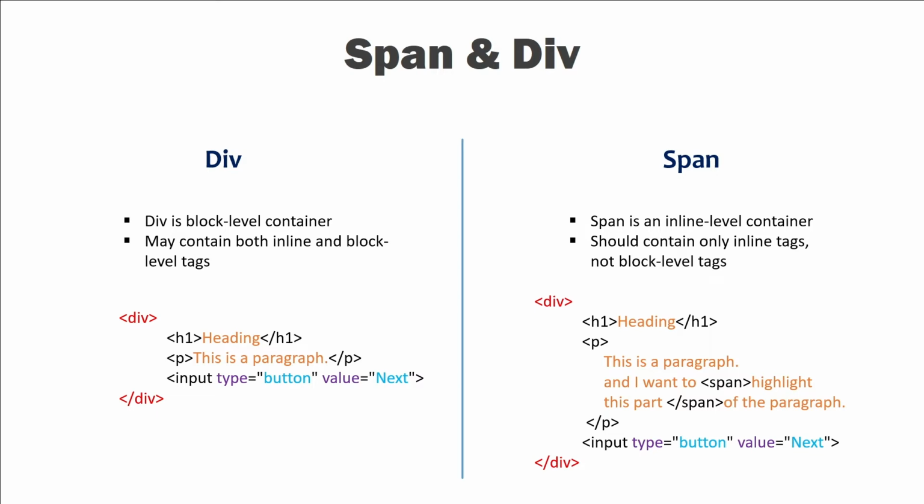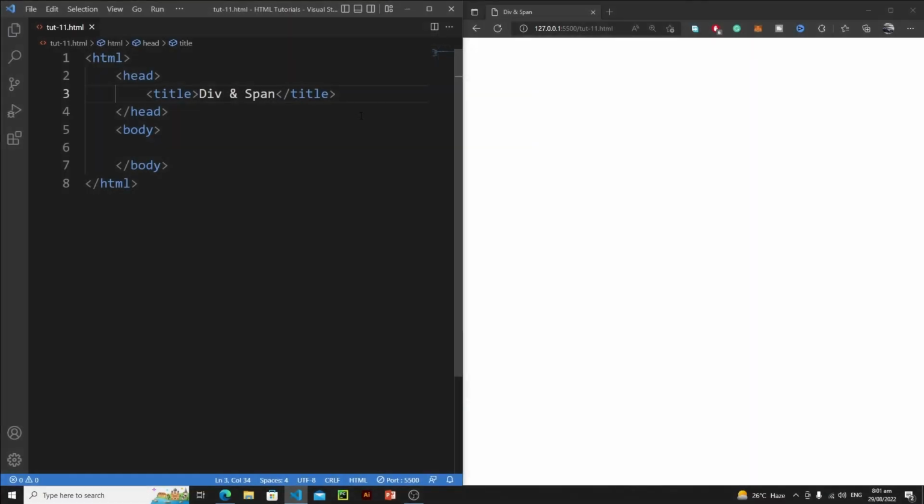So now let's understand inline tag, block level tag, and div and span by writing some HTML code. So I'm on my VS Code, and I have created this new HTML file with the name 2-11.html. So first of all, let's create here a div tag and just put few headings and a paragraph.